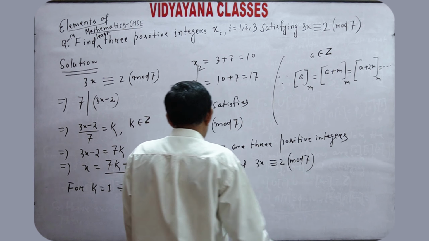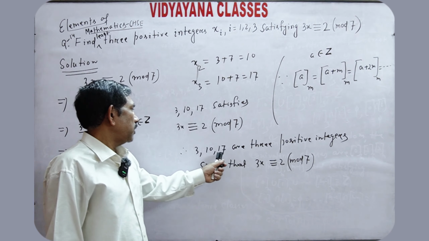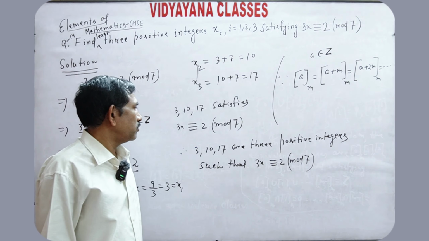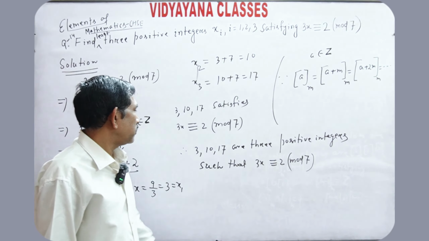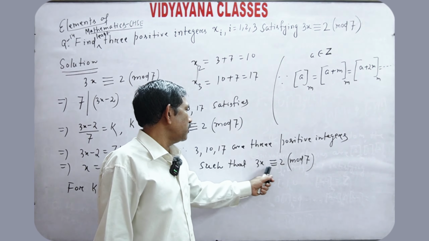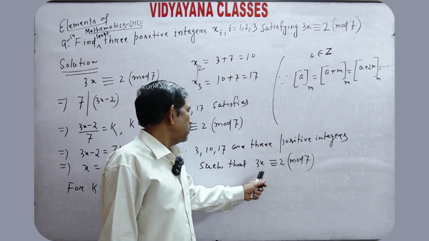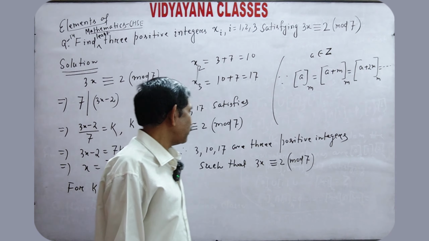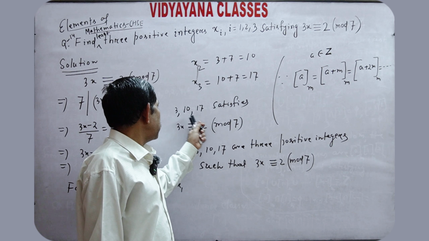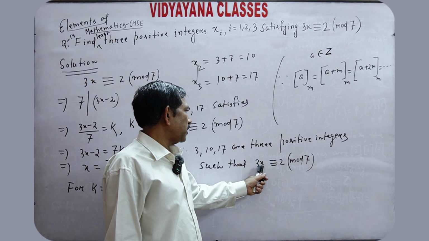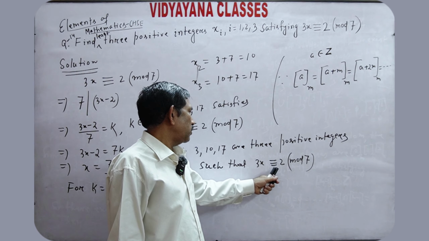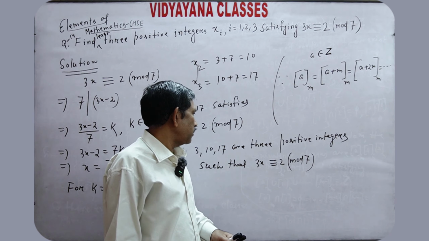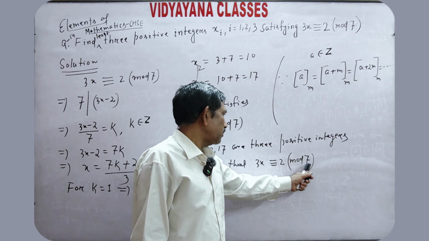That means 3, 10 and 17 satisfy 3x congruent to 2 modulo 7. If x equal to 3, 9 congruent to 2. That means 9 minus 2, that is 7, divisible by 7. If x equal to 10, it is 30. 30 congruent to 2. That means 30 minus 2, that is equal to 28, divisible by 7.